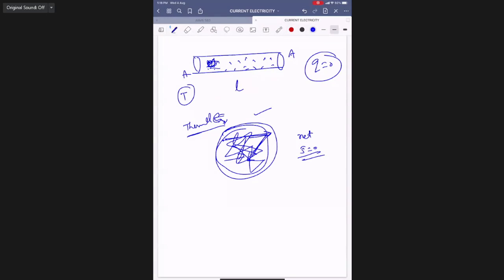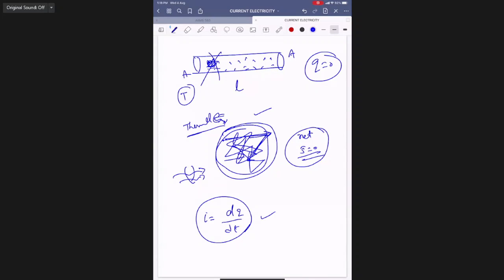That's why, even though free electrons are available for conduction, it cannot move from one point to another. Net displacement is zero. There is no propagation of charge. Therefore, what is current? The rate of dq by dt through a given cross section: how much amount of charge is passing in a given interval of time.